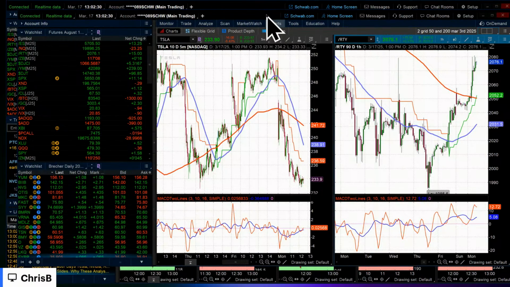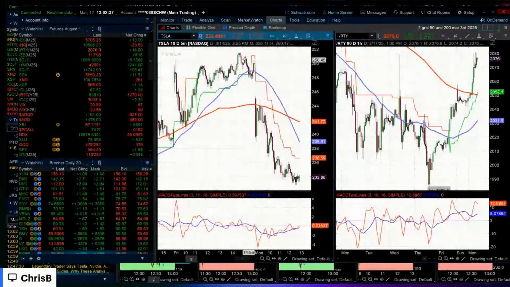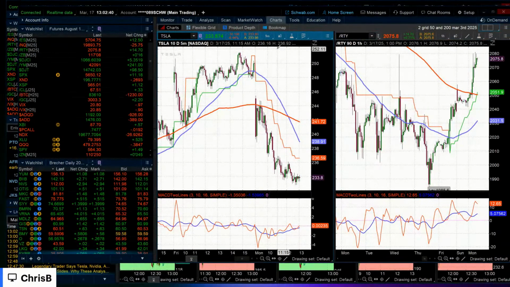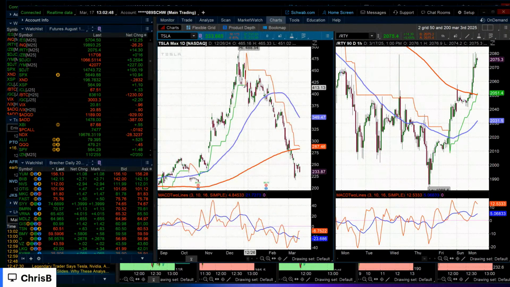Well, I'll show you the basic layers I use, and they've worked for 45 years. So what am I talking about? Number one, I use the MACD. Number two, for determining a downtrend or an uptrend, I'll use a 200 and a 50. That's it. And you can use the ATR trailing stop if you want.